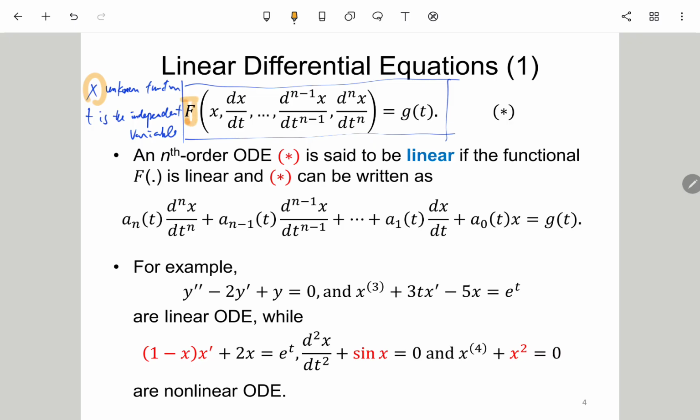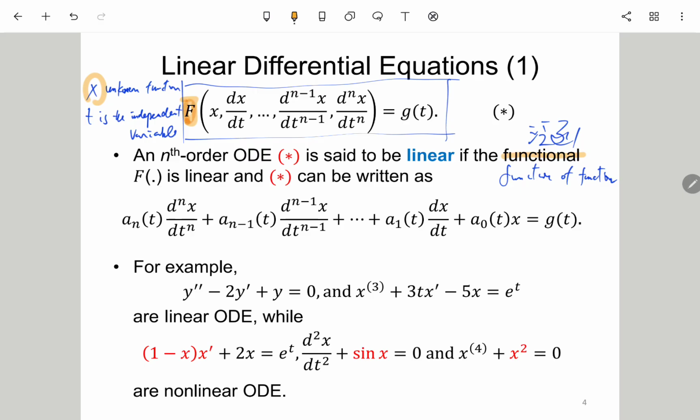This is not a function, we call it a functional, in Chinese 泛函, which means it is a function of functions. Originally f of x is a function of a variable, but a functional is a function of functions.